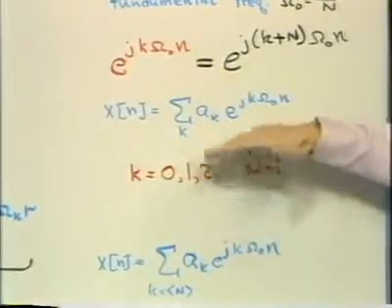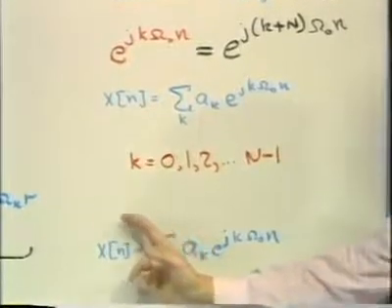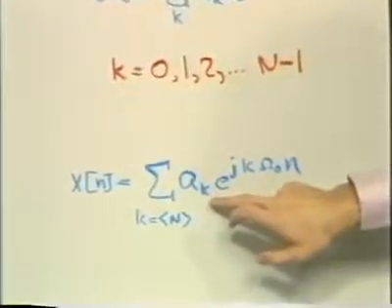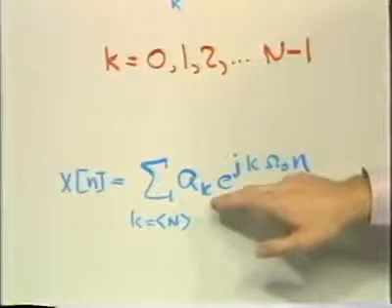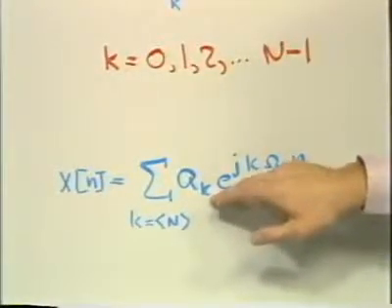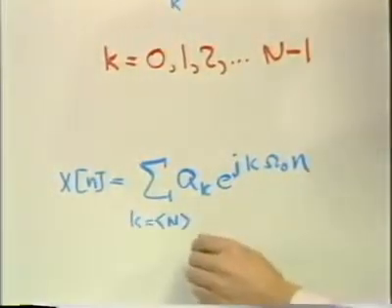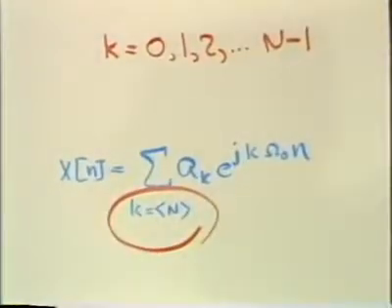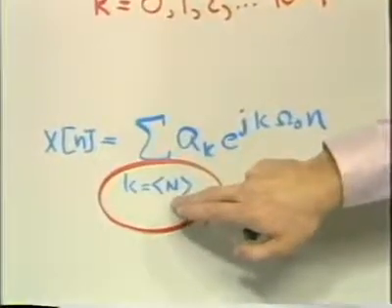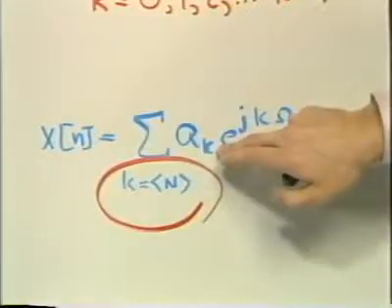So in place of this expression, it will be common in writing the Fourier series expression to write it as I've indicated here, where the implication is that these Fourier coefficients periodically repeat as k continues outside the interval from 0 to N minus 1. And so this notation says that we're going to use k ranging over one period of this periodic sequence, which is the Fourier series coefficients.